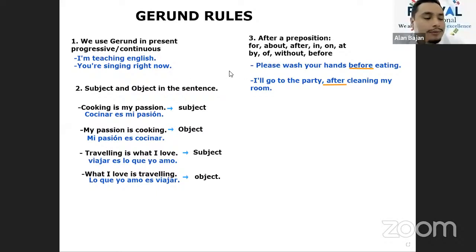I go to the park with my pet after finishing the class. Yo voy al parque con mi mascota después de terminar la clase. Very good.